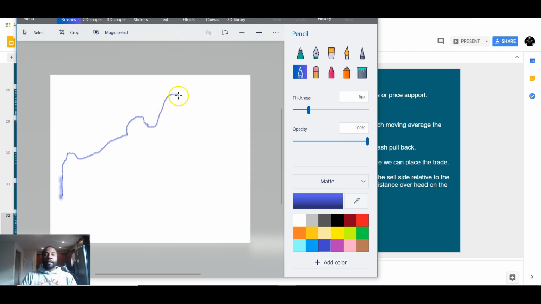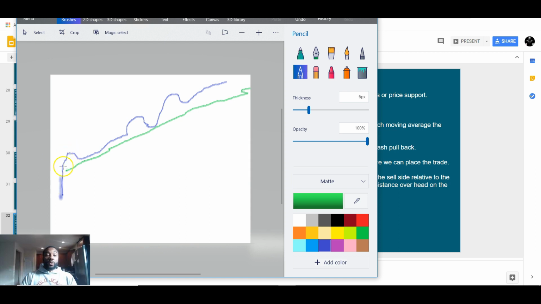And remember, let's just pretend the 9 moving average is the one we're looking at. And this thing is just trending up. It's going up, right?